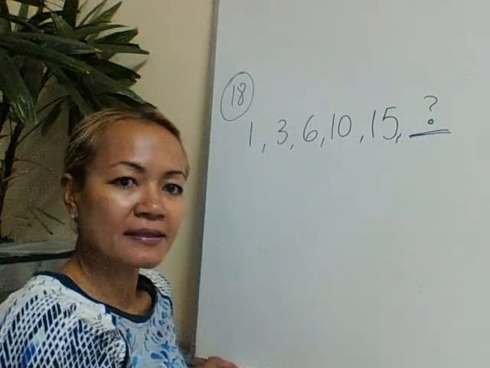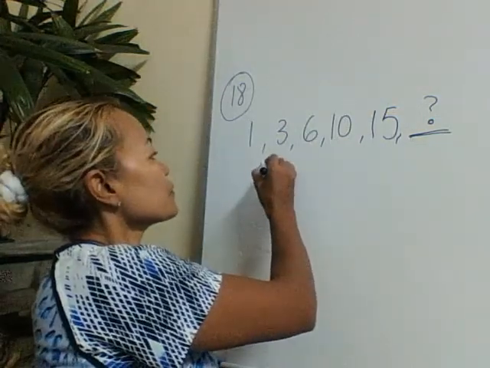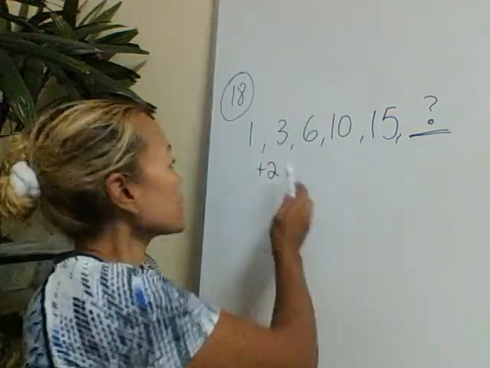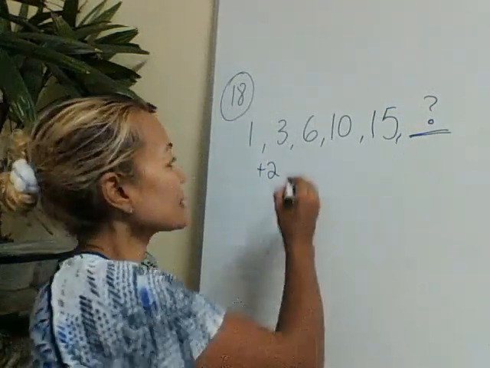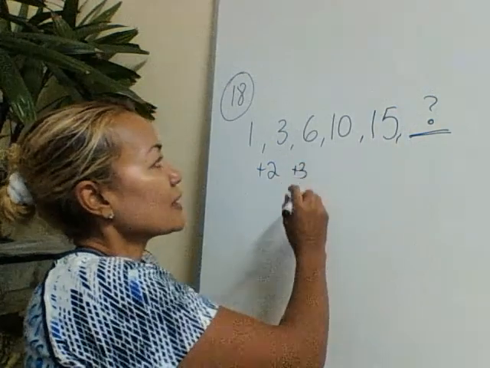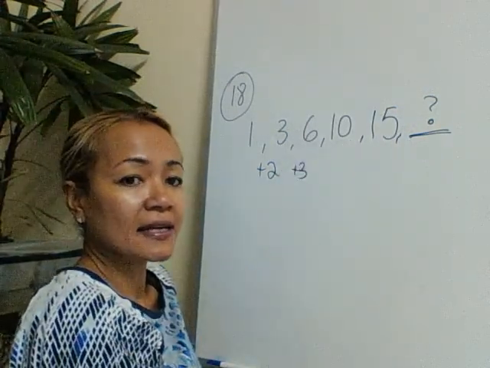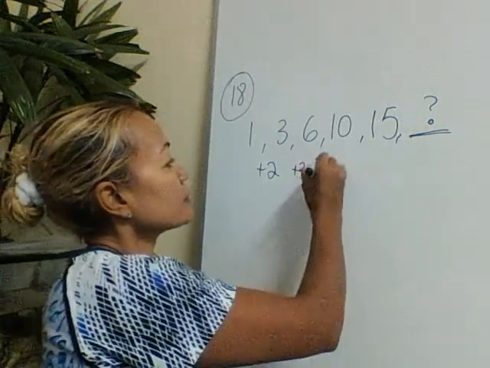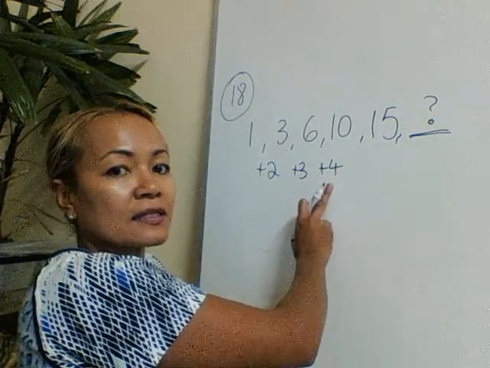Let's try plus. Between 1 and 3, what is it? Plus 2. Between 3 and 6, it's plus 3, right? What about between 6 and 10? That's adding 4. So you can see the pattern now. It's plus 2, plus 3, plus 4.